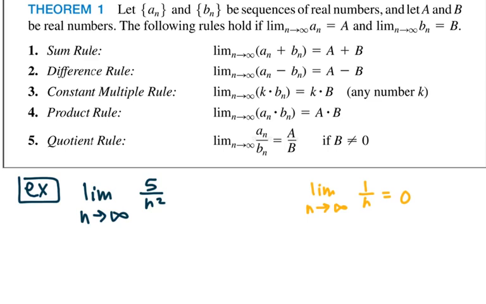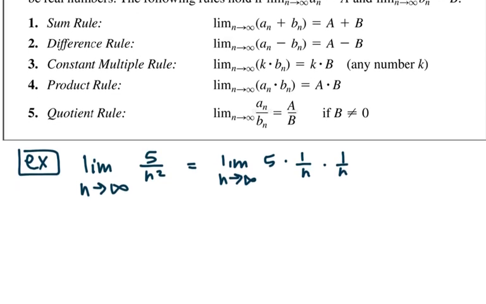We showed that in the previous video. Here we're going to use these properties to break it down. This is the same as the limit as n goes to infinity of 5 times 1 over n times 1 over n.